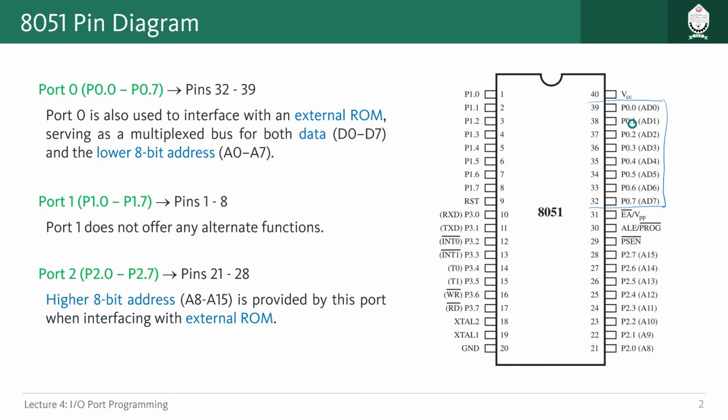Now in some of the cases, we have to connect external ROM with microcontroller. For example, if we talk about 8031, that was called ROM-less microcontroller, ROM-less 8051. So for that, obviously we have to externally connect one ROM so that we can use that microcontroller.